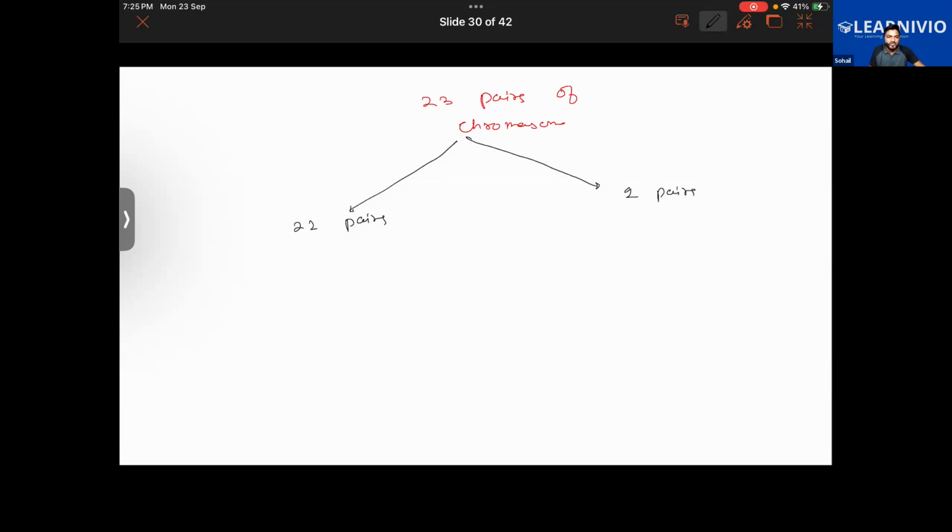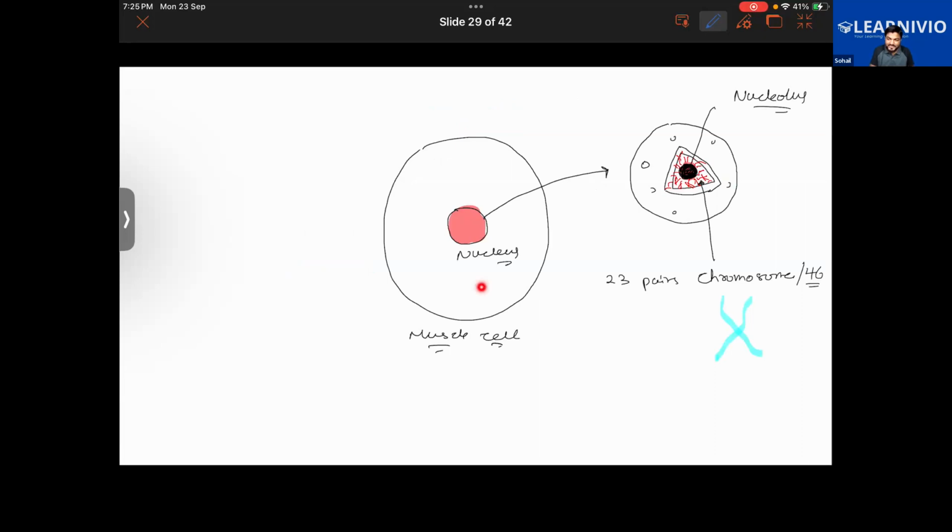We call them autosomes. They look the same in both the male and female. So if I were to take 22 pairs of chromosomes from a male cell and from a female cell, they will look exactly identical to each other.